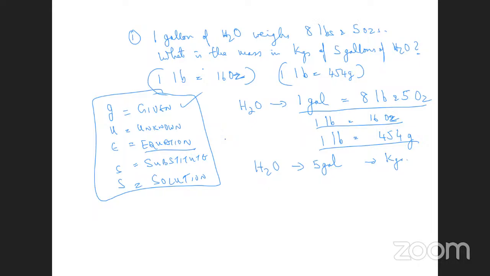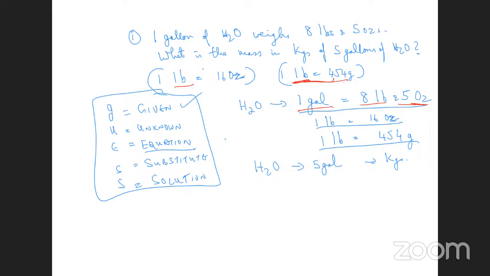Now look at this equation. Let me use a different color. 1 gallon, if they directly told us the mass in pounds only, then I know they haven't given kilograms, but we can convert it to grams, then kilograms, and could have found it. But there's 5 ounces attached to that, and all the conversions are given only in pounds.